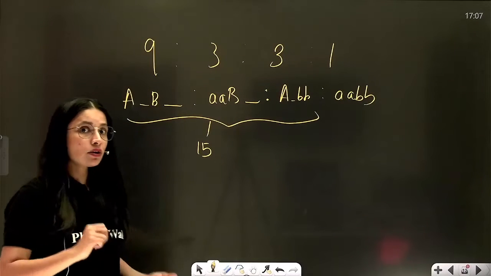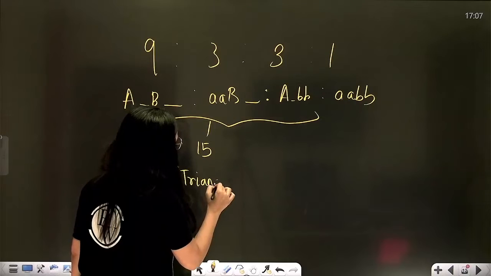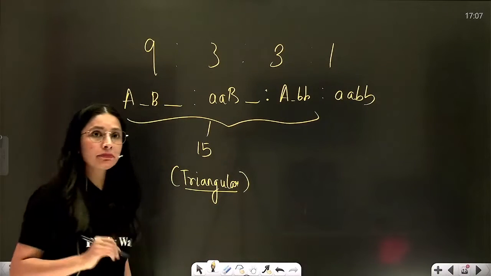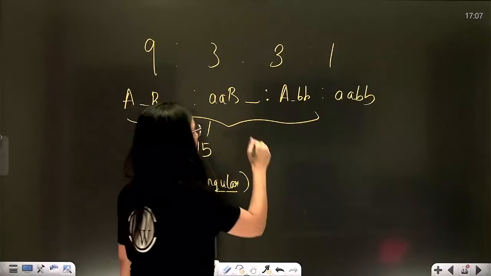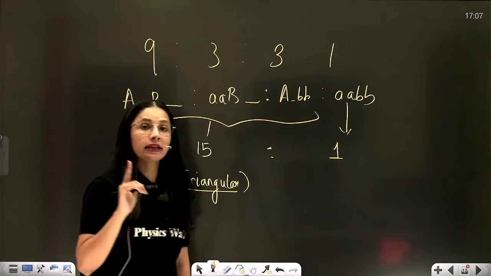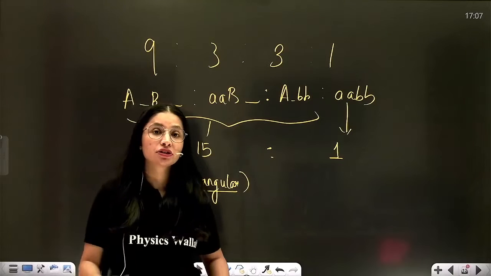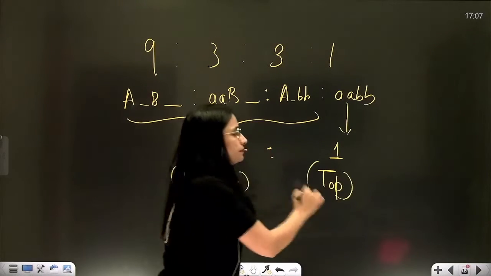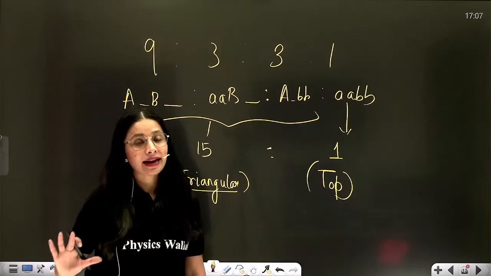So they are going to produce, beta, triangular shaped capsule. But the last, the 16th zygotic combination, is the only one to produce top shaped capsule where both the genes are present in their recessive state.